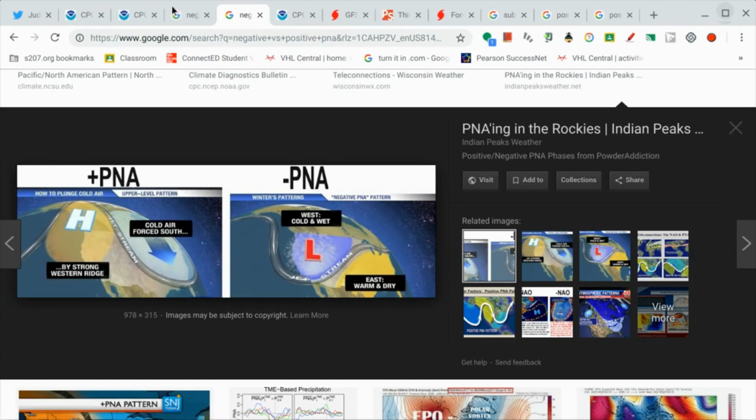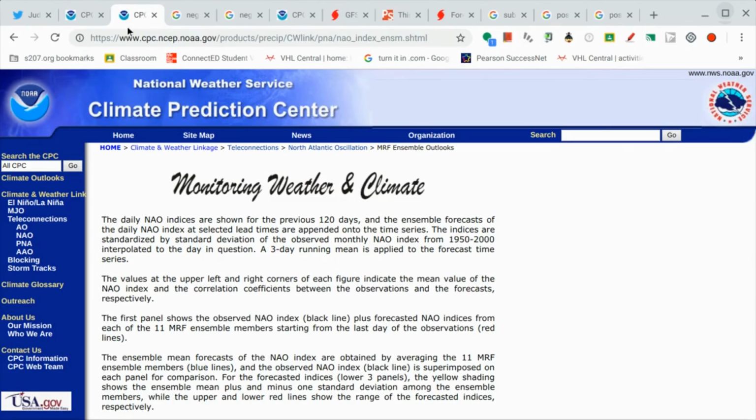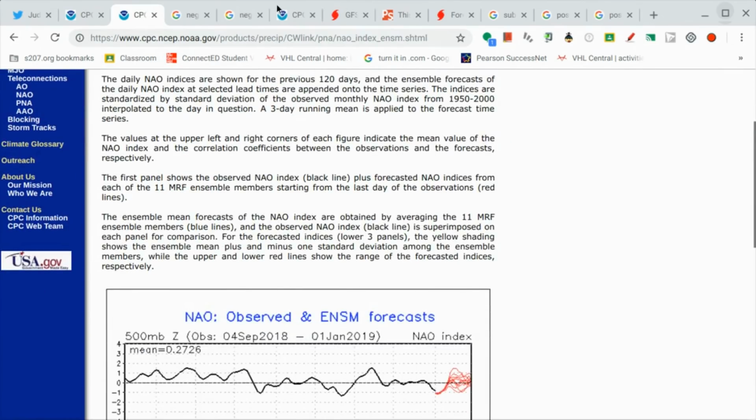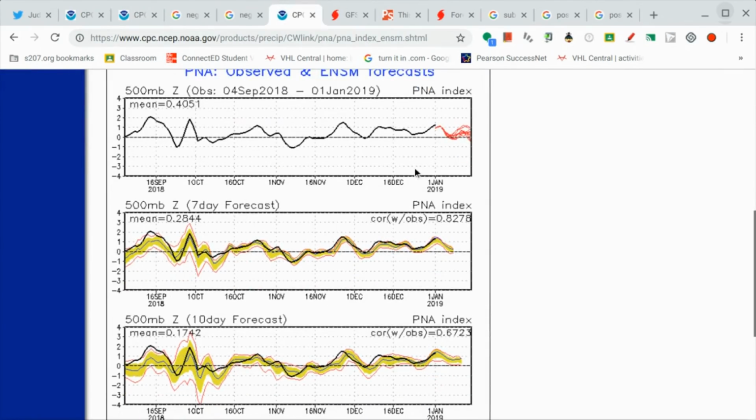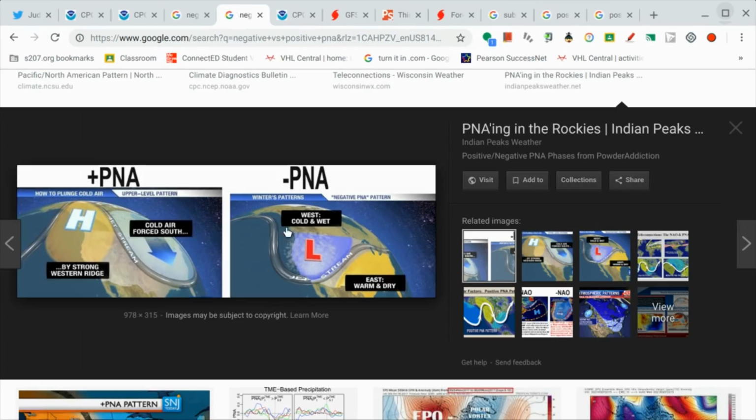And according to the teleconnections, we're going to be going into a positive phase. So with this image, more of this where the cold air forces itself south, and with this storm track, you can see the jet stream is basically where the storm track is, between these two areas of contrasting anomalies.